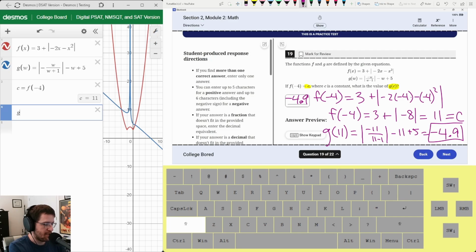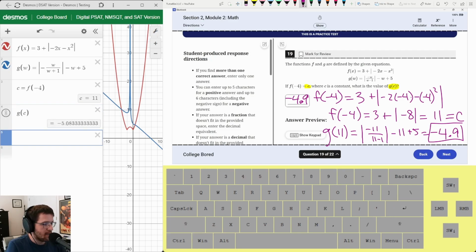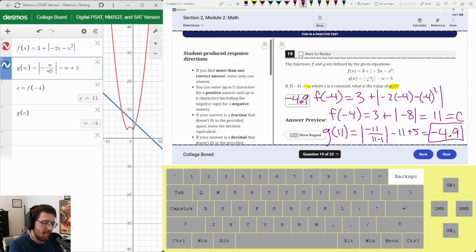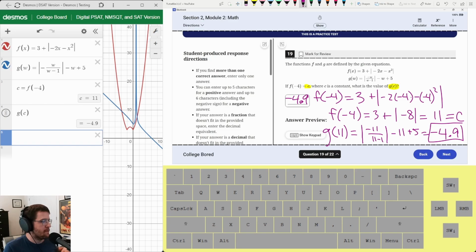And then we're going to do G of C. And we get something different. Let's see if I typed something in wrong. Yep, I think I see the issue, guys. I typed in W plus 1. It's W minus 1 in the denominator. Great. So C equals f of negative 4 tells us our C is 11. And then on the next line, I type in G of C, and I get negative 4.9. Much, much easier.